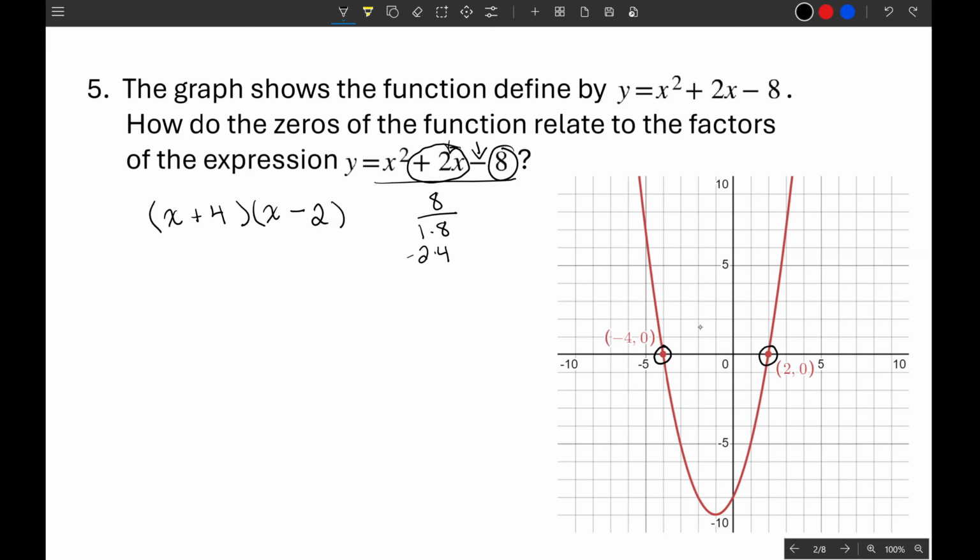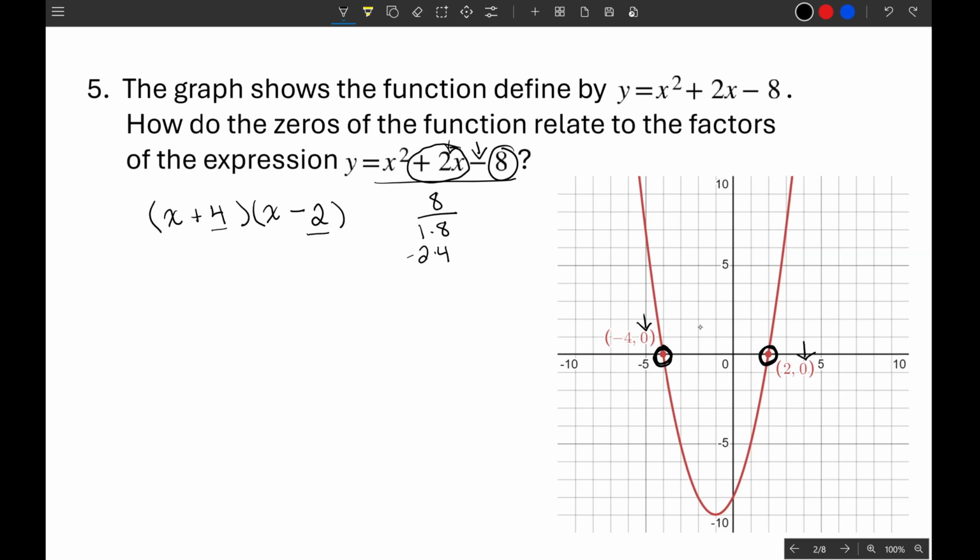Well, I see here that I have a 4 and a 2, and I have 4 and 2 here. Now they're opposite signs, and there's a reason for that. If you notice on both of these points for our zeros, remember zeros and x-intercepts are exactly the same thing. If I look at these zeros, I notice that both of them have a y value of 0.